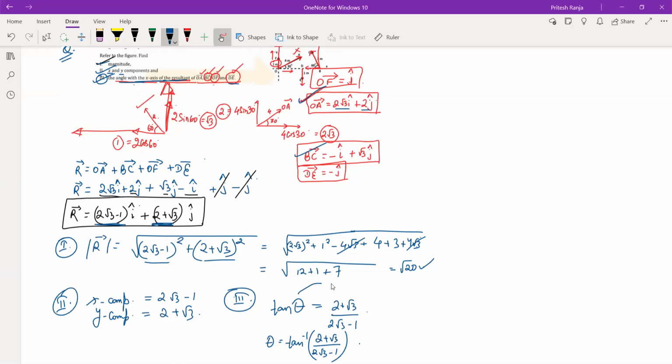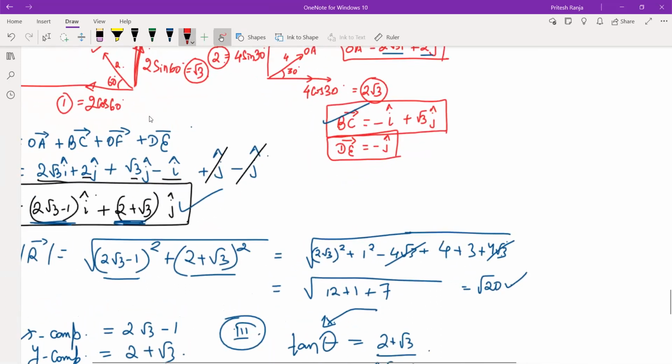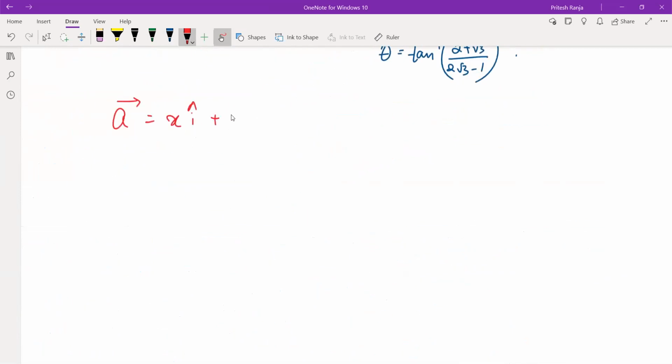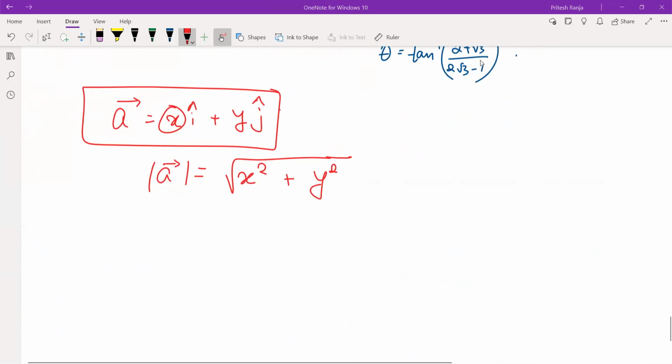This theta is the angle which is made by this vector with x-axis. We saw these things in the last classes. We saw that if we have a normal vector, let us say some vector x i cap plus y j cap, then how will we find the magnitude of this vector? Just take the coefficient of i cap and square it with the coefficient of j cap.